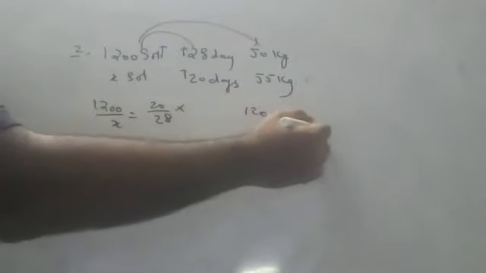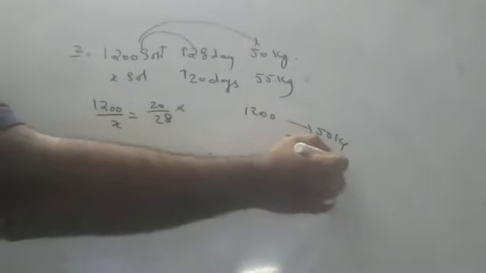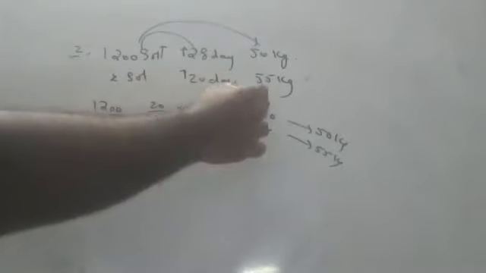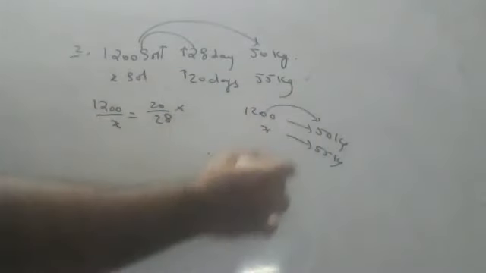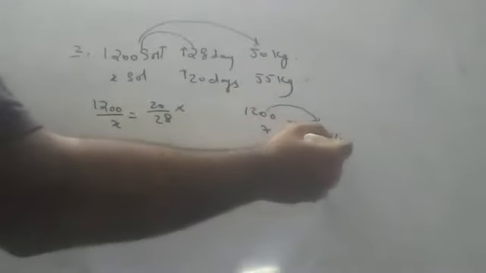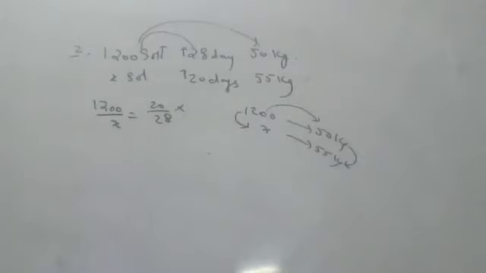Now soldiers and food. 1200 soldiers are taking 50 kg of food daily. Then 55 kg, is it direct or inverse, children? Try to understand.